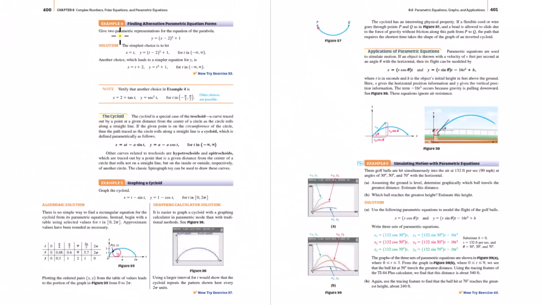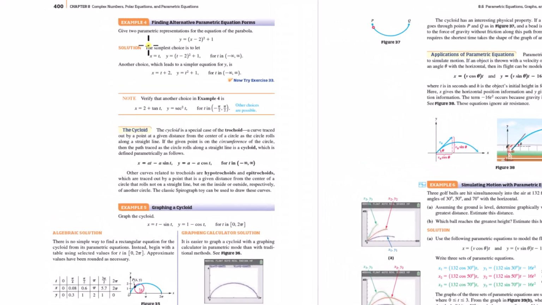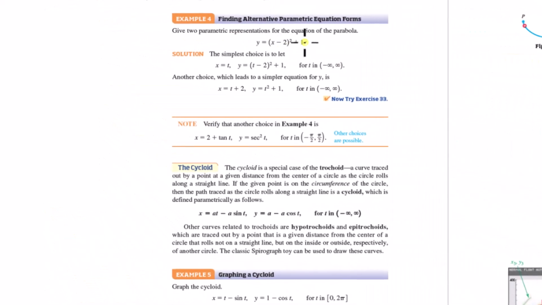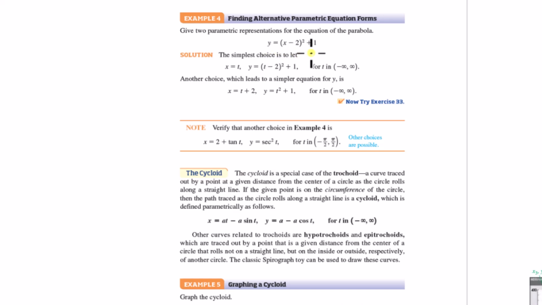So in this example, it says, give 2 parametric representations for the equation of this parabola. So the simplest is just to say, here's the curve, and just say x is equal to t and y is equal to, and just replace x with t. That's what they do here.